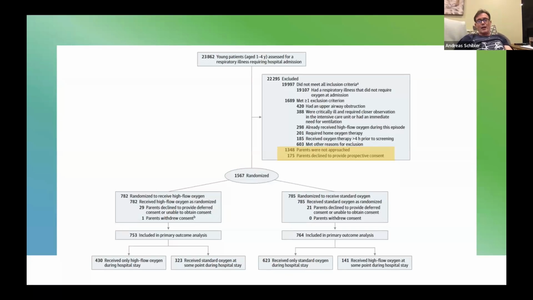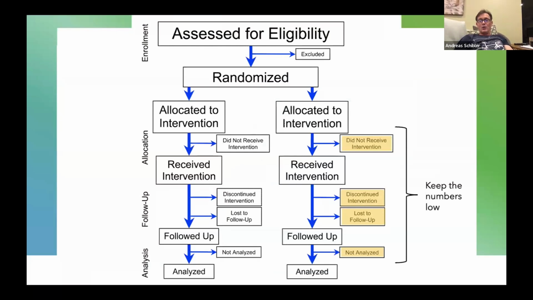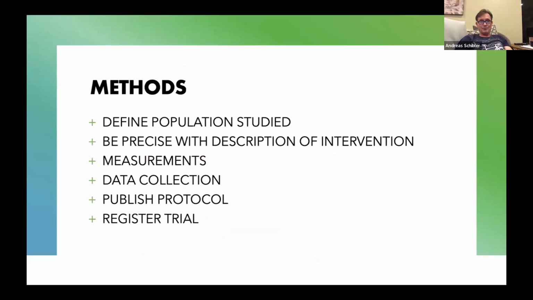A good trial is 80%. A fairly good trial is 60%, as we did. But once it gets below 50 or 40% enrolled, you need to ask the question, does that represent my population that I'm studying? So keep these numbers low. You don't want to have patients excluded after you randomize them into the trial.